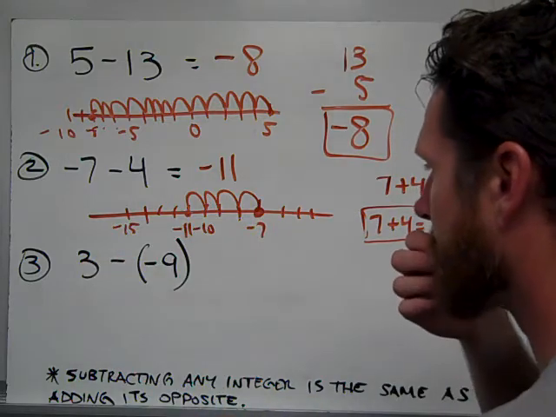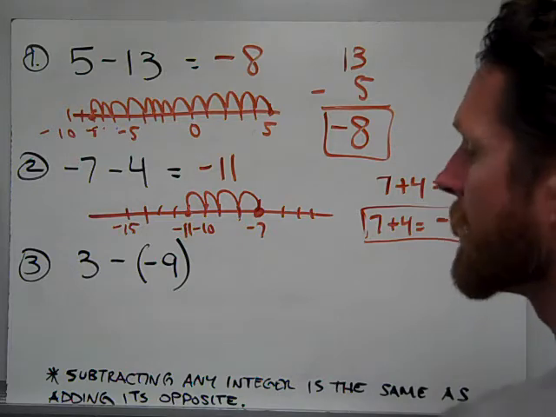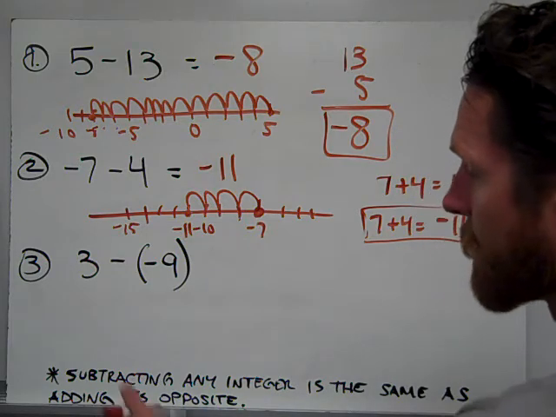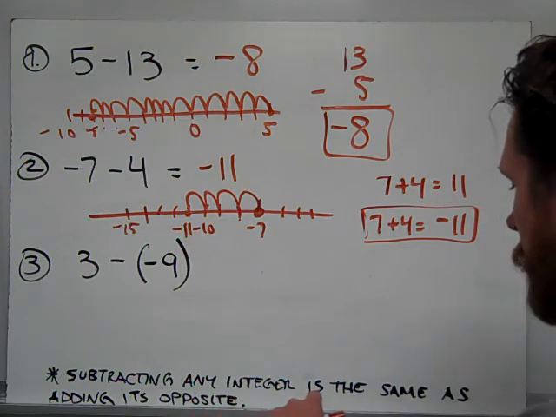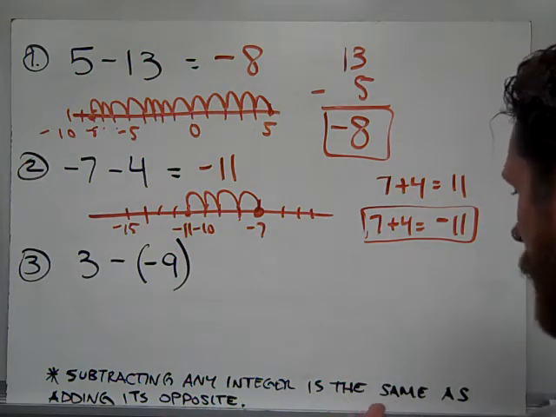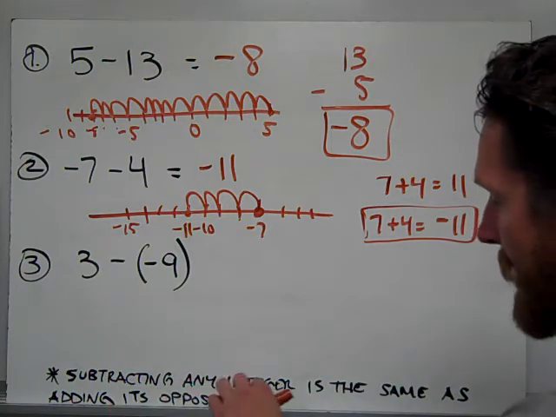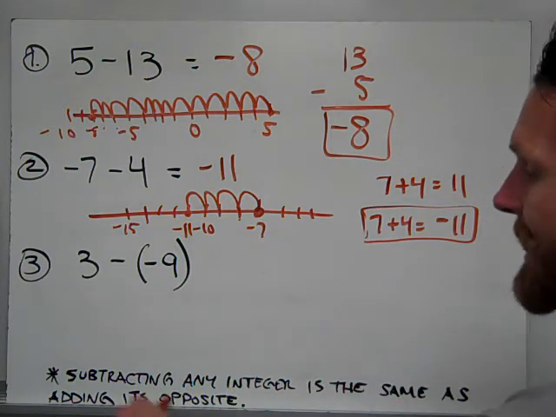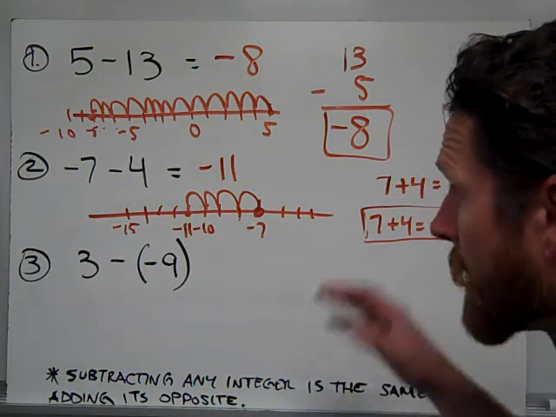All right, here we go. Also, I have a little note here for you guys before I do this third one. Subtracting any integer is the same as adding its opposite. So subtracting any integer is the same as adding its opposite. So that's kind of important too.